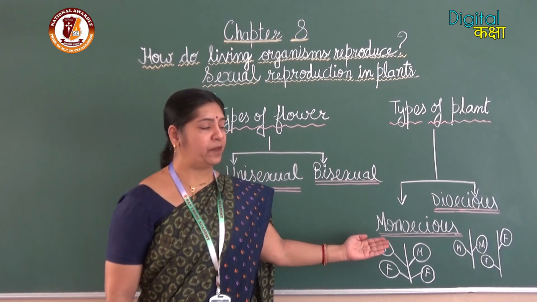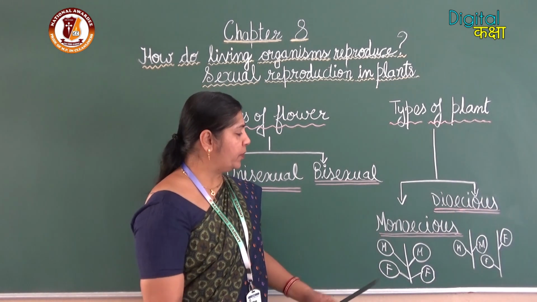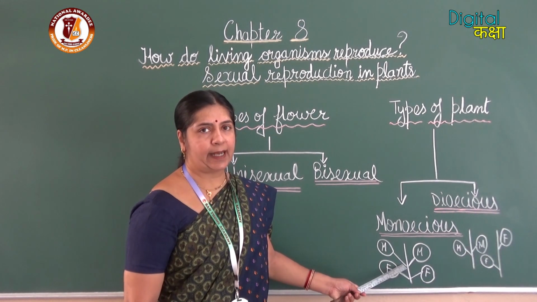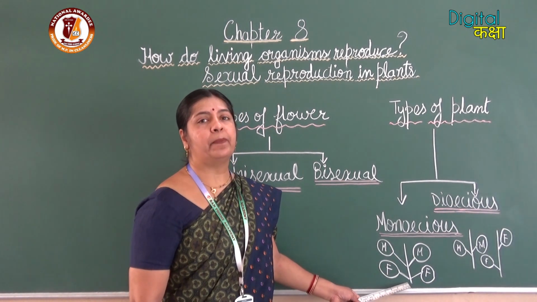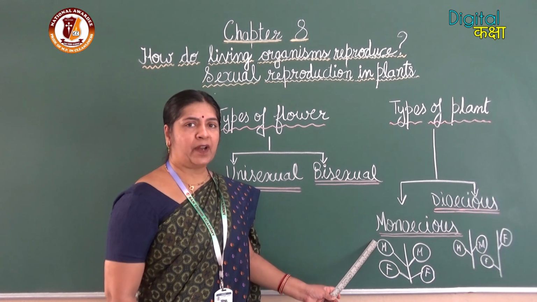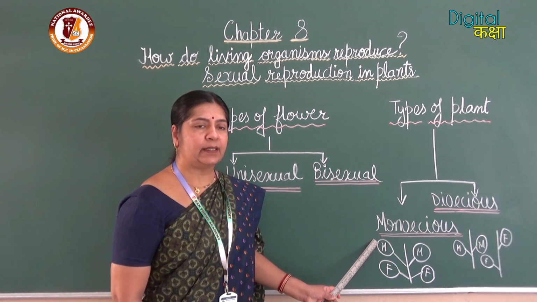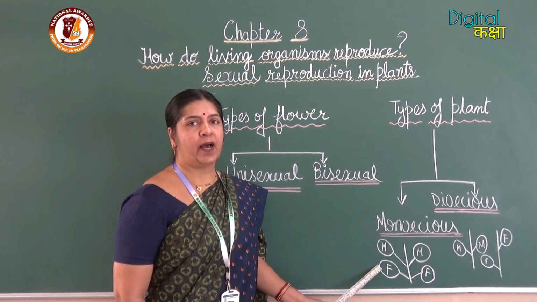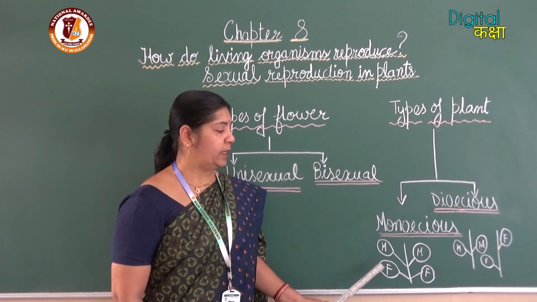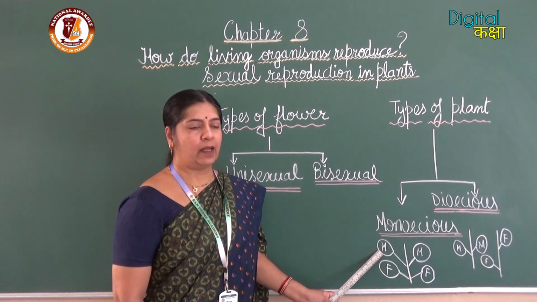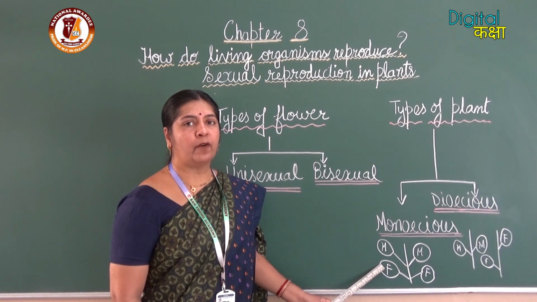First is monoecious. Monoecious, as you can see in the diagram, on the same plant the male flower is present and the female flower is also present. M stands for male and F stands for female.